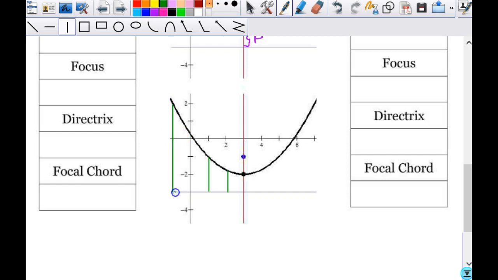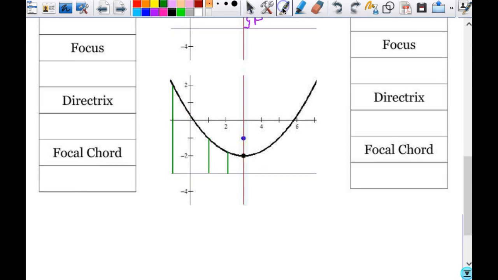and then I'll get out of the way so you can see what I'm talking about. I want you to make these little perpendicular segments right there. Okay. Now, as I go farther and farther to the left, what's going to happen to my little green segments? They get longer and longer and longer, right?